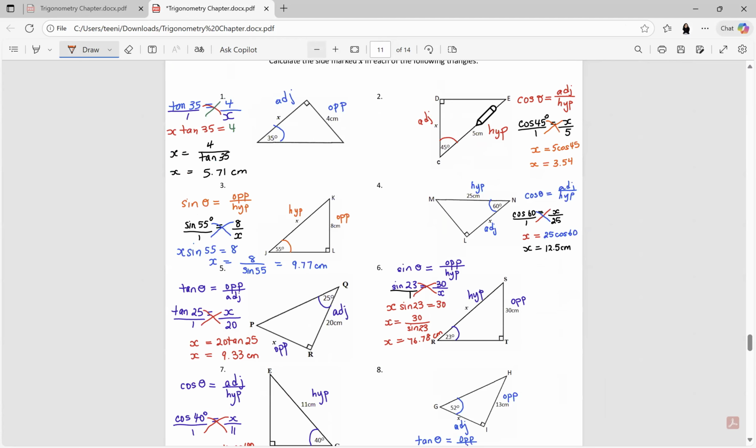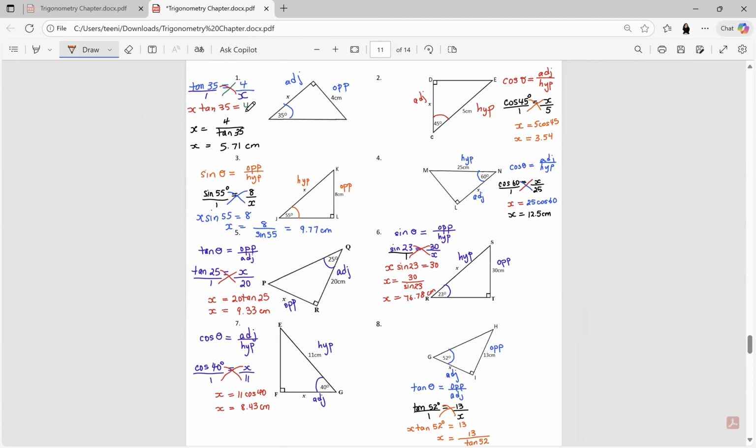So just to summarize, when the unknown side is in the denominator, you divide the known side by the tan of the angle, right? You could try to remember it like that, but if you don't remember it like that, it would help to do cross multiplication, right? So you multiply the numerator from one side by the denominator on the other side and vice versa. And then you rearrange the equation to make x the subject.